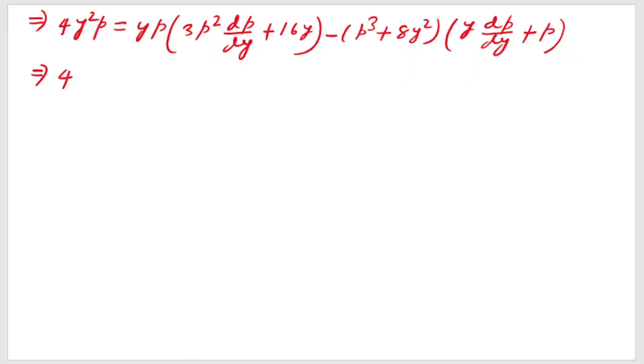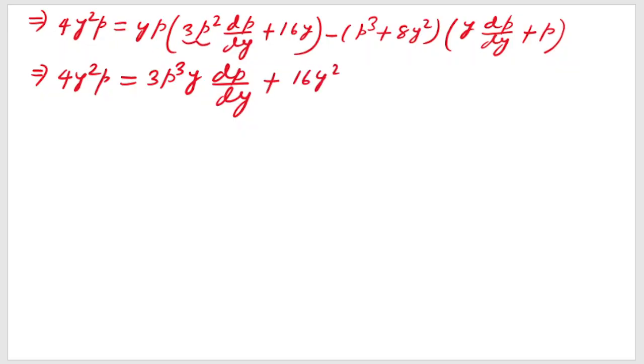So I have 4y square p. If I multiply, I will get 3p cube y dp by dy, 3p square into p, and here I will get 16y square p, and here I will get minus p cube y dp by dy, the first term.